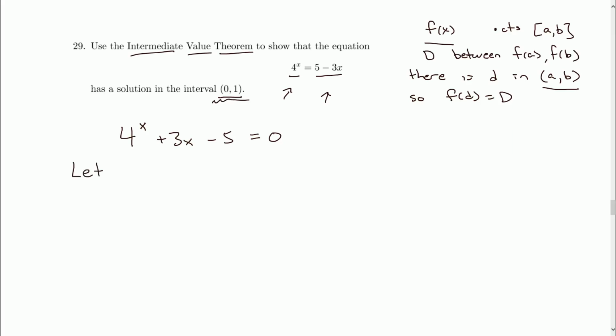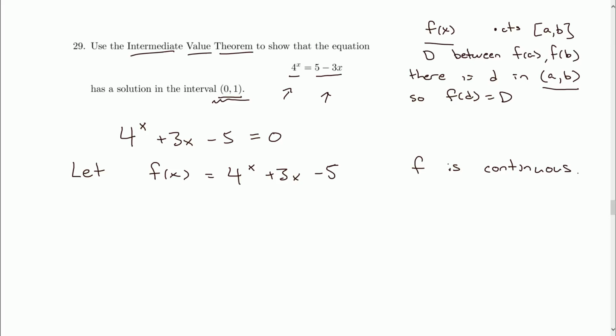So I might say something like, let f of x equal 4 to the x plus 3x minus 5. Now this is an exponential plus a polynomial. f is continuous, and I don't really need to justify that anymore. You could say, yes, there's an exponential and a polynomial, and that would be fine.